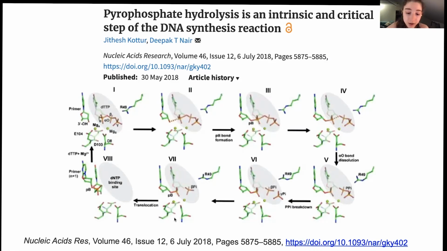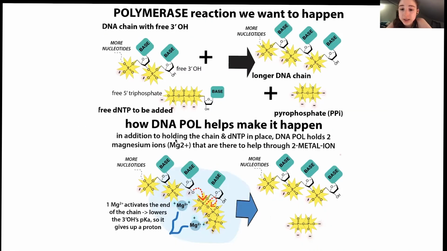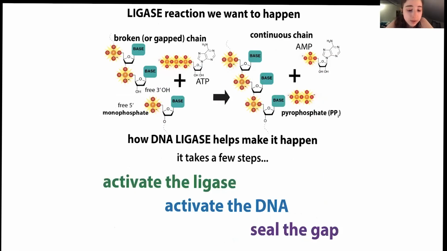So yeah, check out that article if you want to learn more. And you can see that you could have this reaction happen because you already have the phosphates attached to this incoming base. But what happens when you have a broken chain or a gapped chain and you want to join them together?